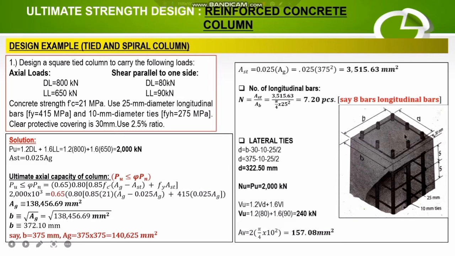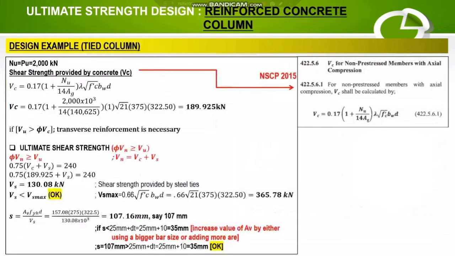Combining the two legs, that becomes 2 times pi over 4 times 10 squared, equal to 157.08 mm squared. For further knowledge regarding shear reinforcement and the principles of shear, you can refer to the topic of beams, especially the analysis and design of beams from the previous chapters.